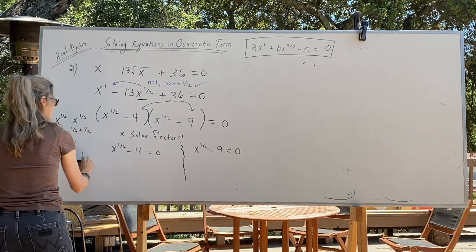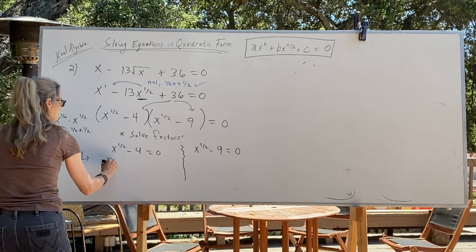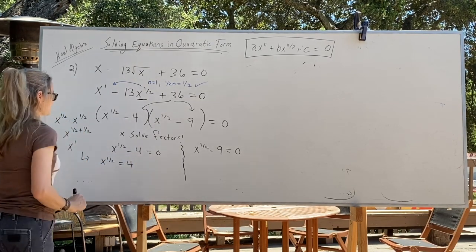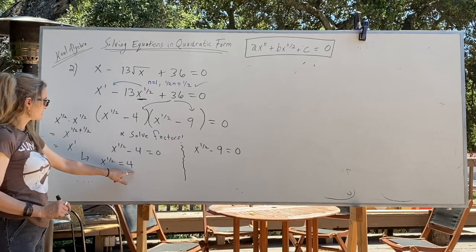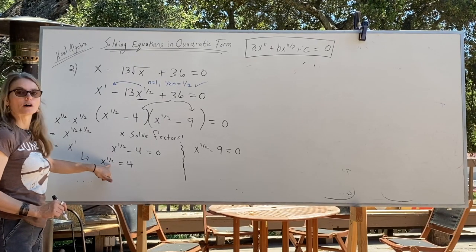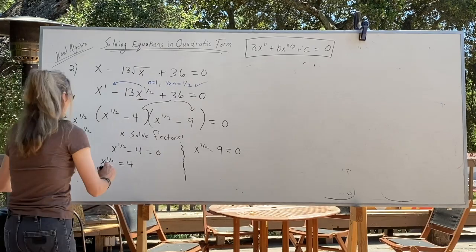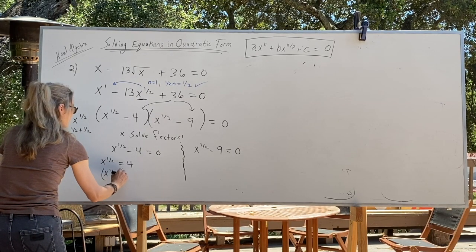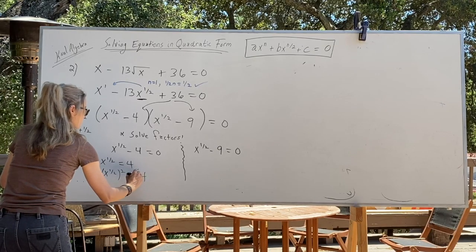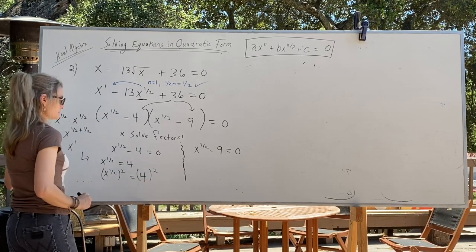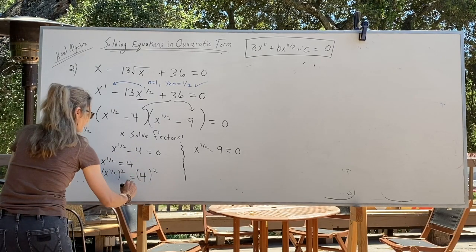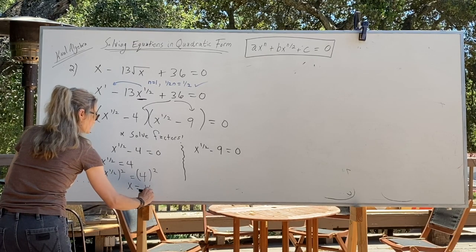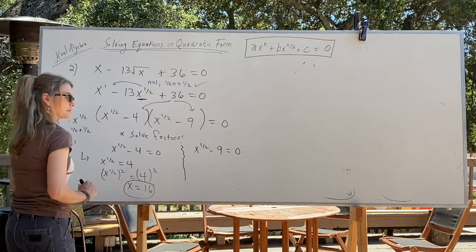So to solve this one, I get x to the 1/2 equals 4. And the question is, how do I solve this now? Well, to solve, you always solve for the first power. So I'm going to square that, and I end up with x equals 16 for a solution.